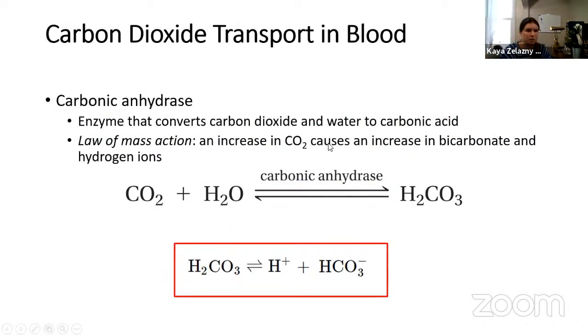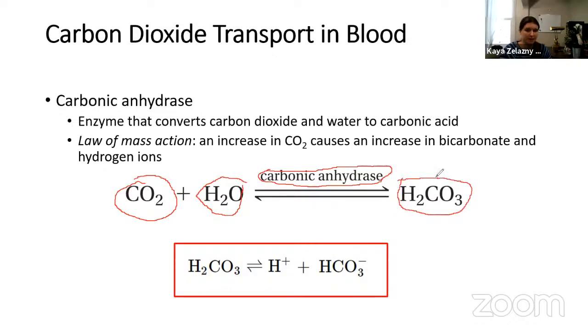We're using this enzyme called carbonic anhydrase. What carbonic anhydrase does is it takes carbon dioxide plus water and creates carbonic acid.